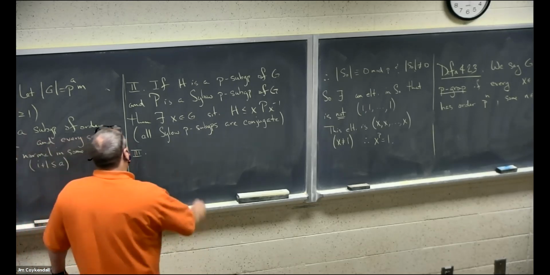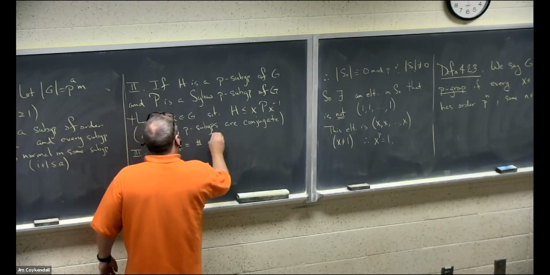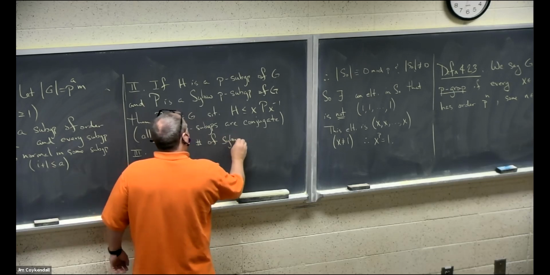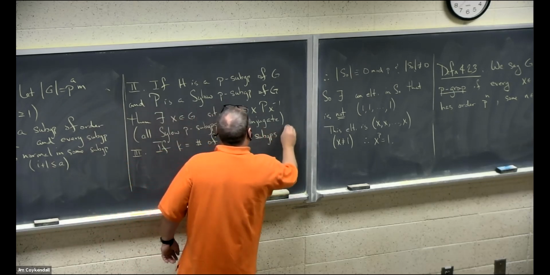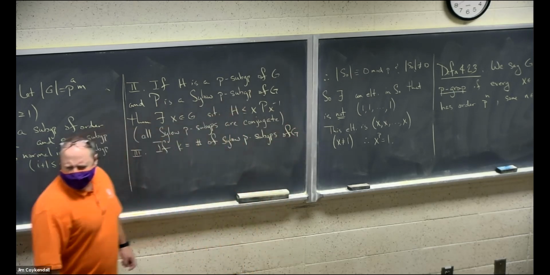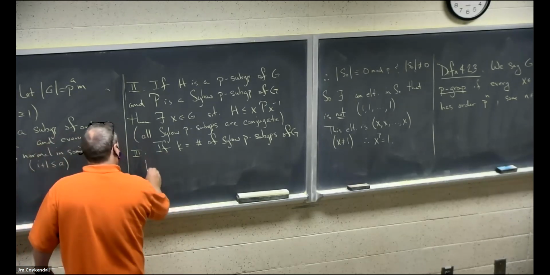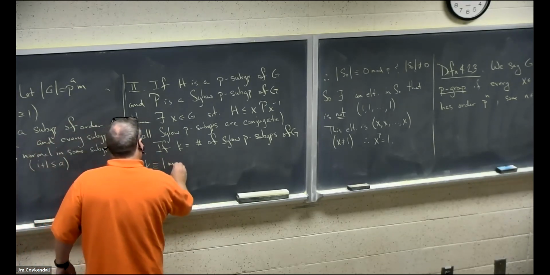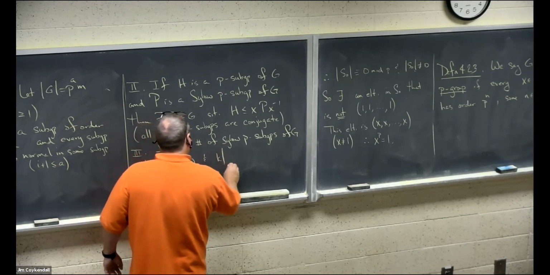And finally, if K is equal to the number of Sylow P subgroups of G, then K is congruent to 1 mod P and K divides M.